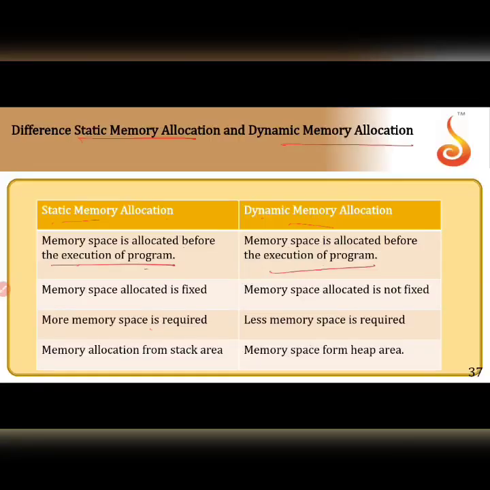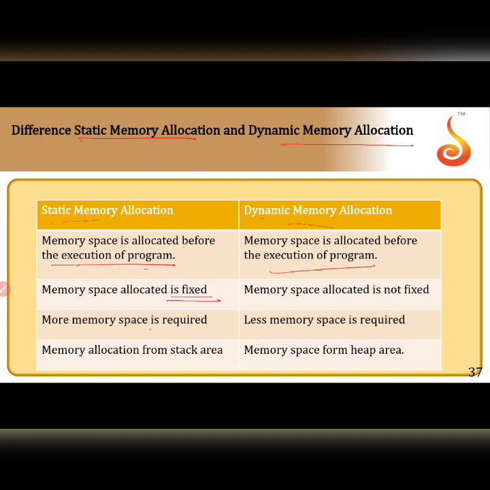In static allocation, the memory space allocated is fixed. You cannot increase or decrease it. If I say an array of 100 elements, then it is 100 elements only. I cannot make it 50 or 150. I can enter as many elements as I want, but I cannot change the size of the array.